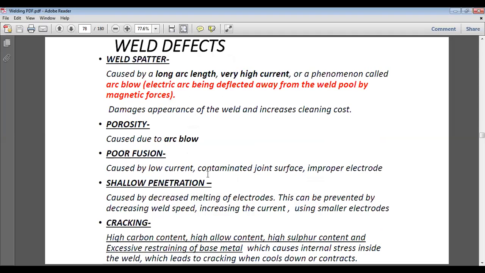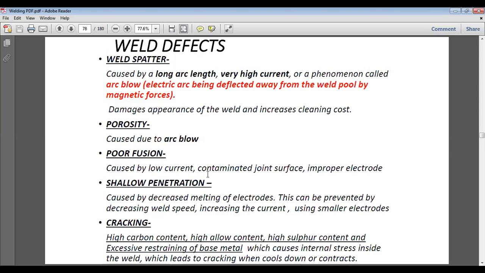Spatter means the small droplets that spill all over, caused by a long arc length, a high current, or a phenomenon called arc blow. It damages the appearance of the weld and increases cleaning costs. Porosity means small holes are generated on the surface of the weld or joint.